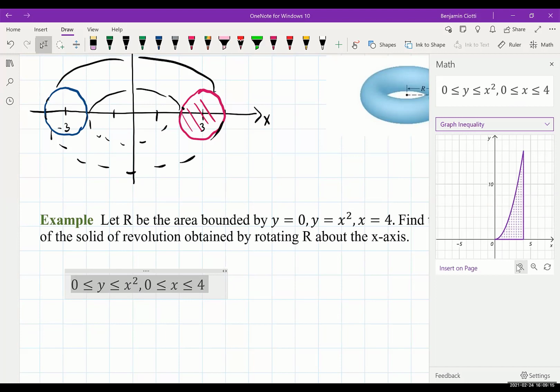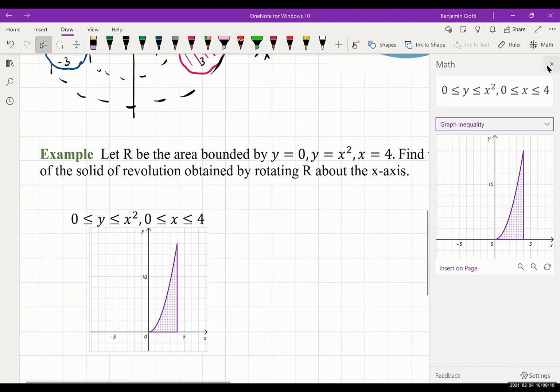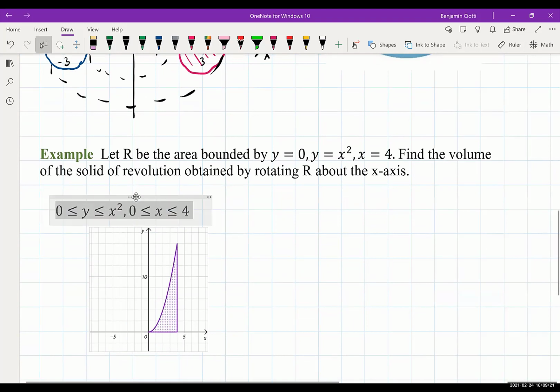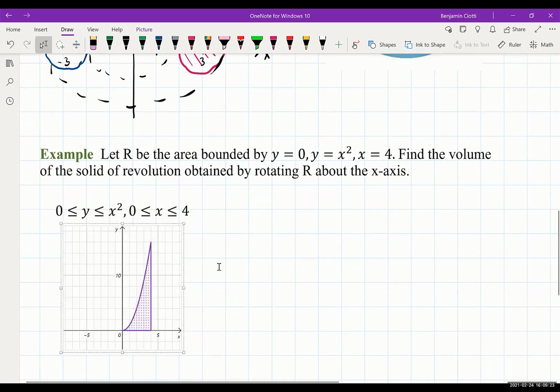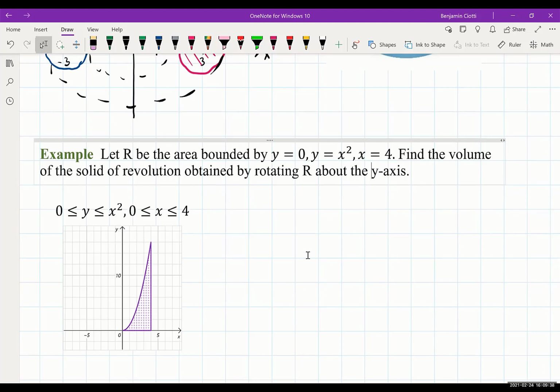Okay, so there's the region R, and we are going to rotate it around the y-axis. Oh, crap. I wrote the question wrong. That should say the y-axis, not the x-axis. And there's actually an animation that I can show you to demonstrate this. So how about I'll show you the animation now.